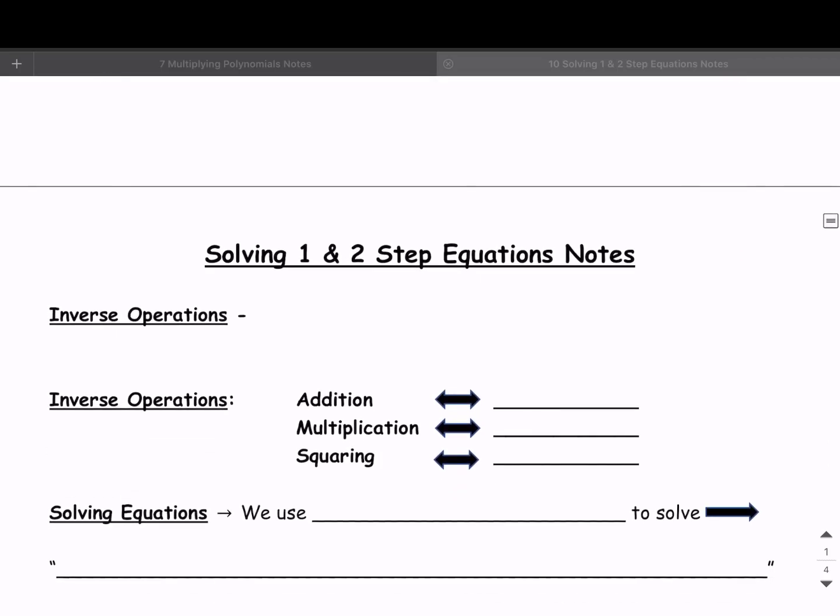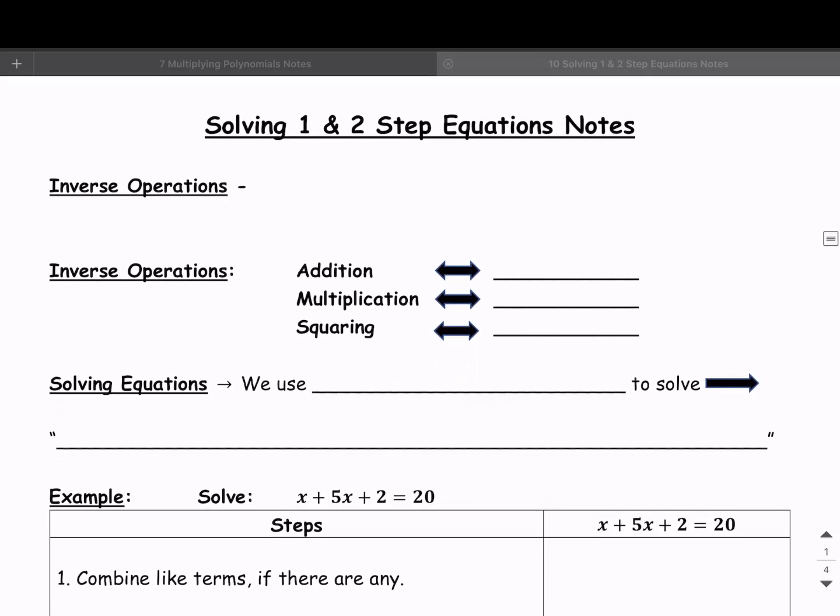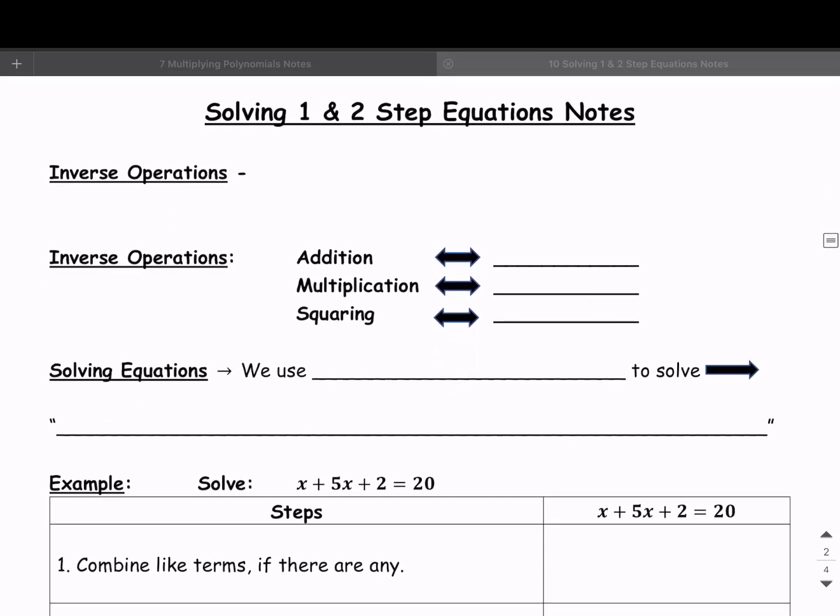Now before we actually solve an equation, I want to ask you a question. What are inverse operations? Well, inverse operations are opposite operations that undo each other.